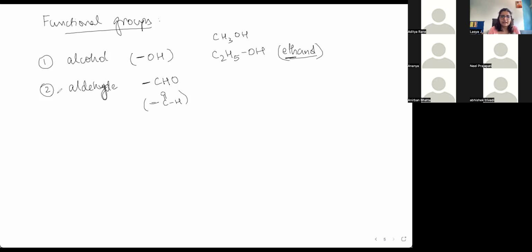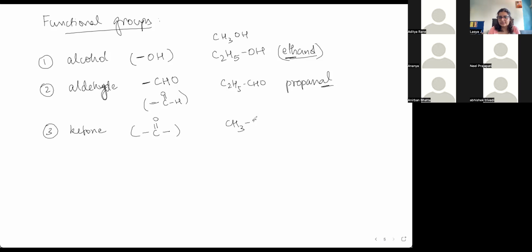Then you have aldehydes. For example, again C2H5CHO. So this will be propanal. Aldehydes end in -al. Then you have ketones. Ketone is very similar to aldehyde except there should not be a hydrogen. You need to have carbon on both sides.